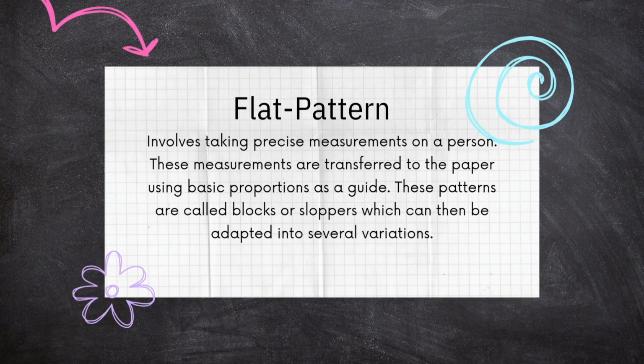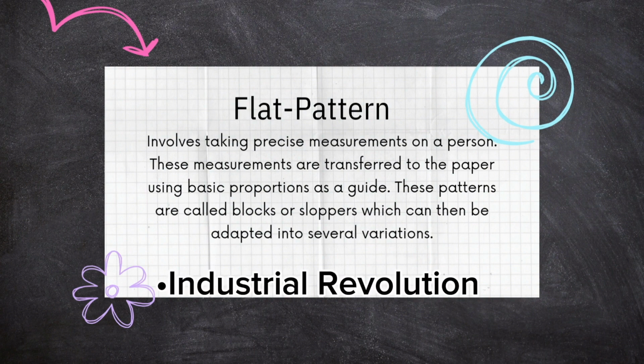So the last type is flat pattern making, and this one involves taking precise measurements on a person. These measurements are transferred to the paper and some basic proportions are used as a guide. The basic proportions have been gotten over the years because of research.